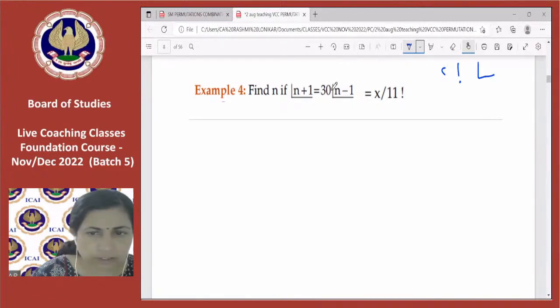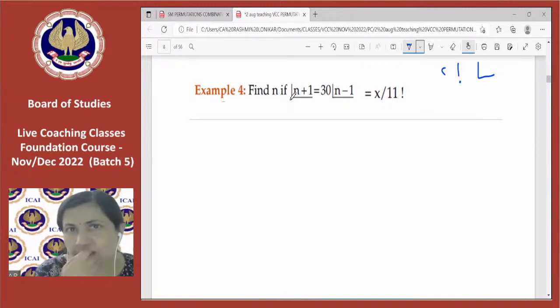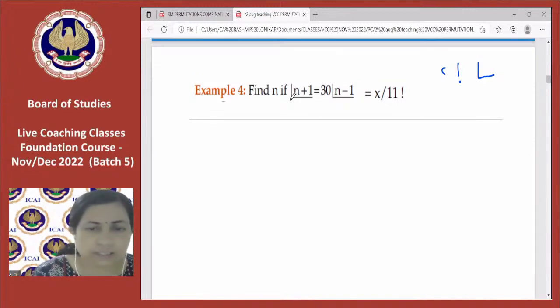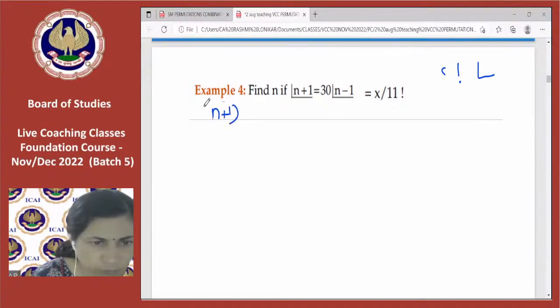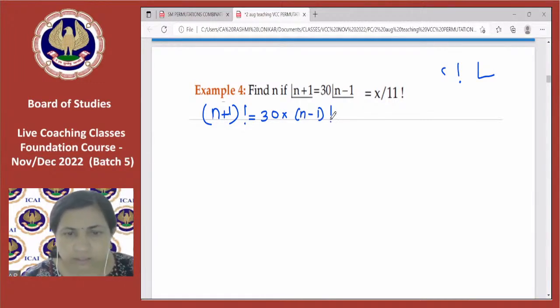I have purposely taken this one because there is a different symbol here. It is the same thing, but we will keep it simple. We will always use the factorial sign, the exclamation mark sign. So this is n plus 1 factorial is equal to 30 into n minus 1 factorial.